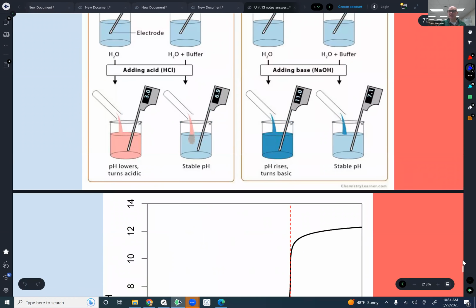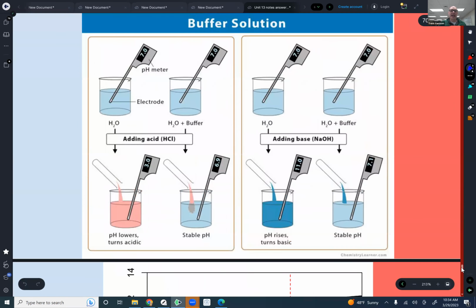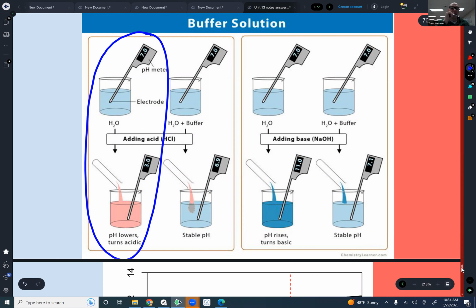So what you will notice in this picture is that if you do not have a buffer, and those are over here on the left, if you just have some regular water, and you add some acid, a strong acid, notice what happens to the pH. It starts at 7 with water and it goes down to 3.